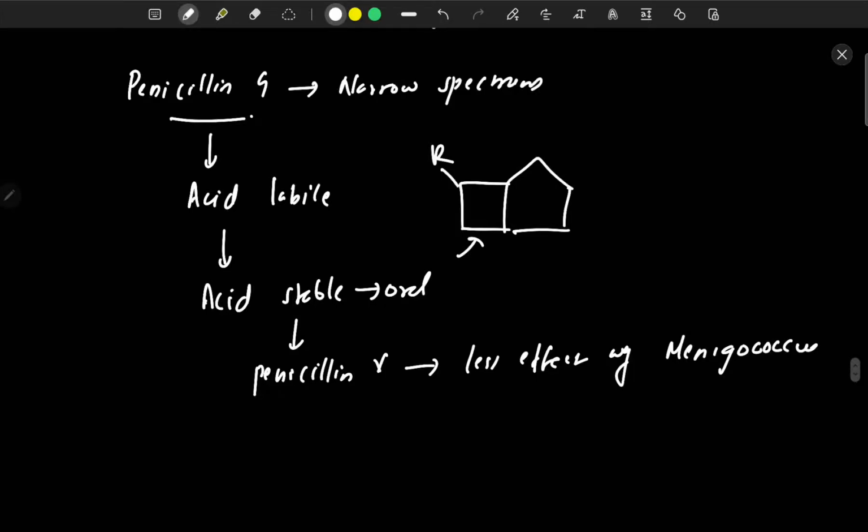Penicillin G is also known as aqueous penicillin G, and it can be given intravenously.